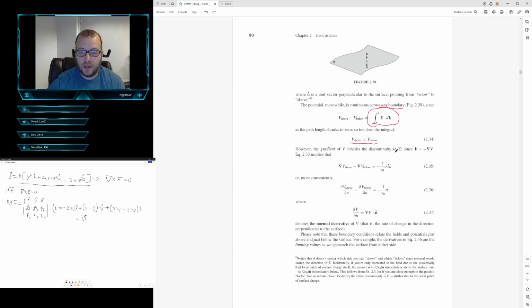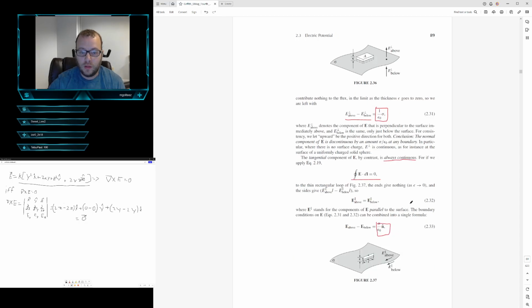But the gradient is equal to the discontinuity in E. So we had E parallel above is equal to E parallel below.